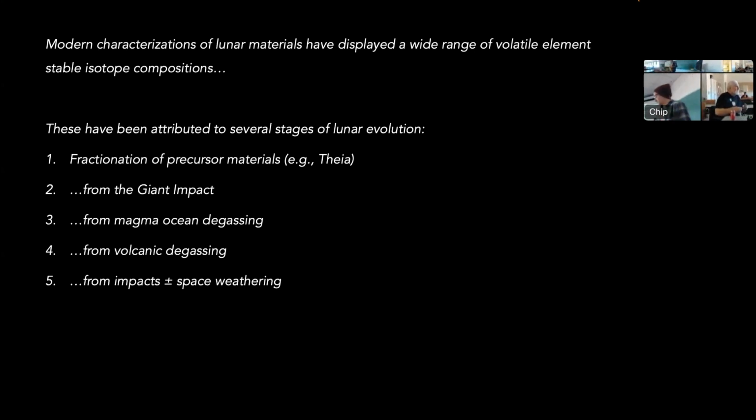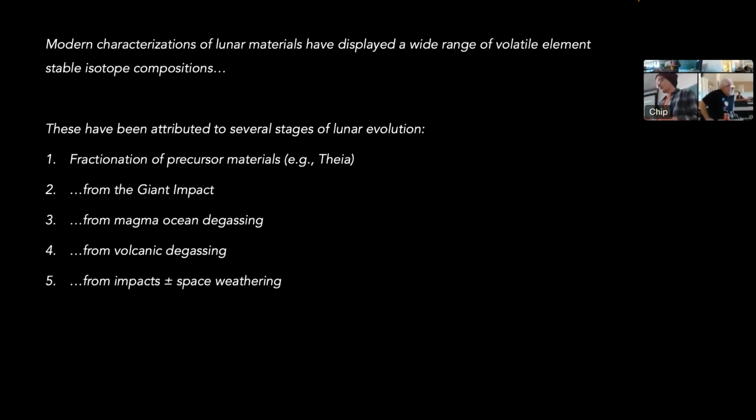It was very tumultuous and high energy, ranging from the fractionation of precursor materials, such as that in Theia, to the giant impact, so the dynamics related to vaporization and condensation of the proto-lunar disk, and dynamics related to how that vapor and melt move between the two bodies.